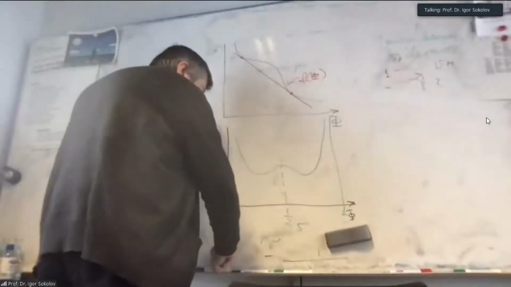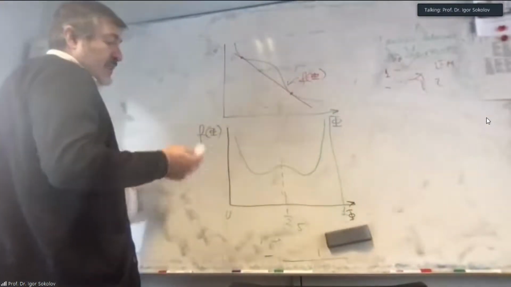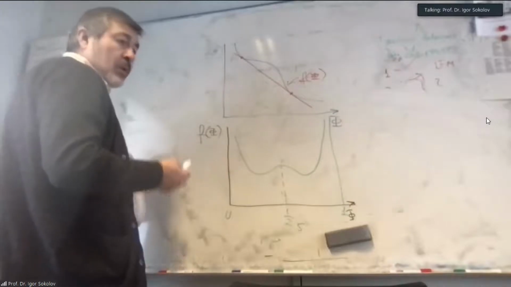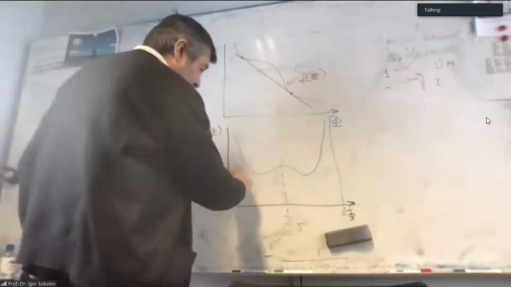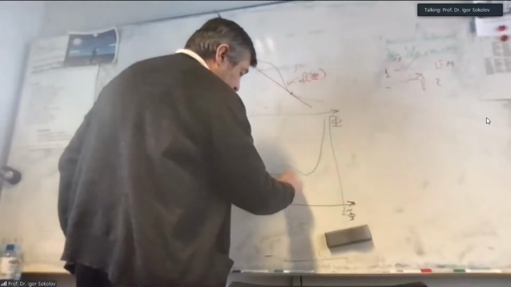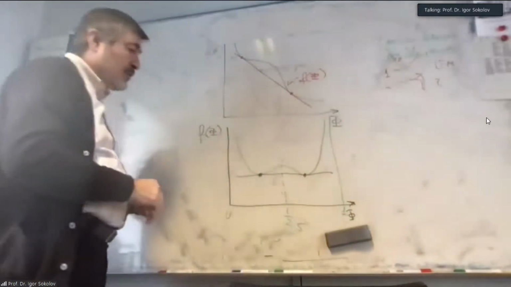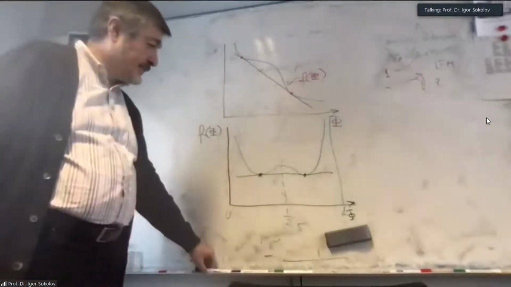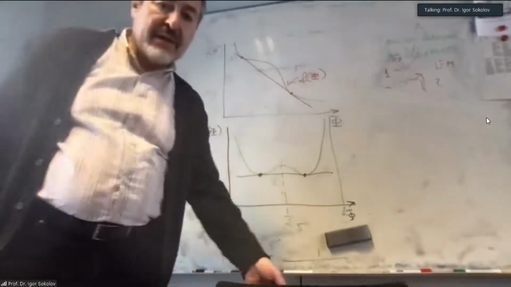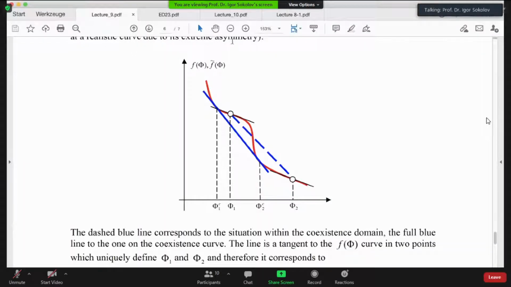And if you have a symmetric function, and this symmetric function has a minimum or whatever, then the two extrema are at the same height. So this is the common tangent then. Therefore, this variant of the theory is easily solvable. And now we go back.